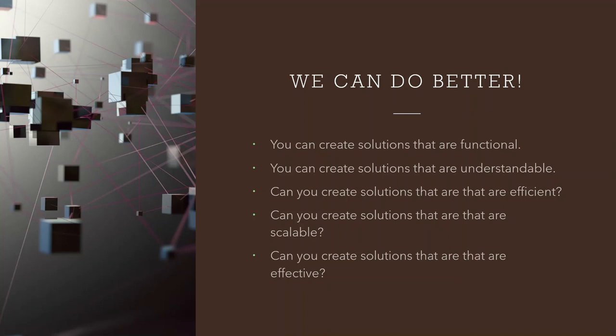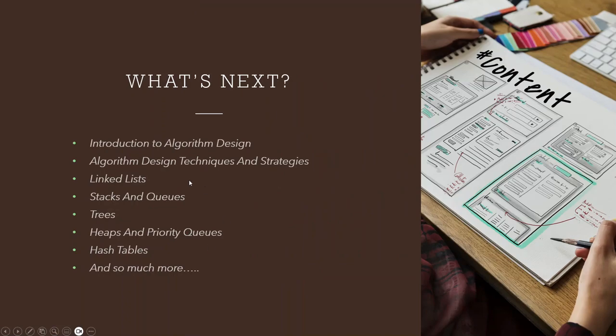So when we move into this next module, which is Introduction to Algorithm Design, we're going to start looking at the algorithms, how they work, and we're going to look at concepts that are time and space complexity.